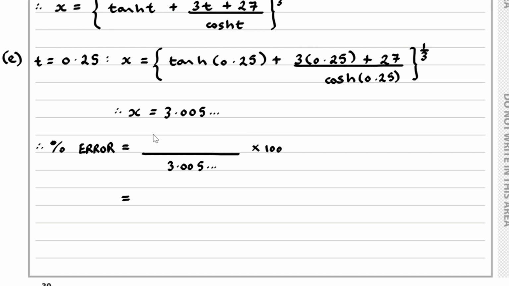So here we had 82/27 minus 3.005 over that. So we get 1.05% to 3 significant figures. And crucially, we've got an overestimate.